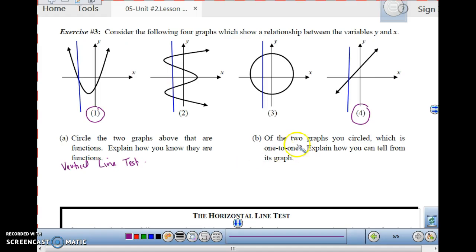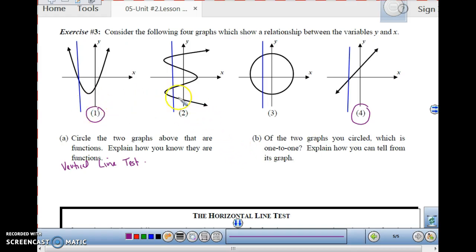Okay, now, of the 2 graphs you circled, which graph is one-to-one? And explain how you can tell from the graph. All right, so we're only going to look at number 1 and number 4. Remember, for one-to-one, each x has to have a unique y. So are any y values repeated? Well, let's see. Which one of these is one-to-one? So this is right here.